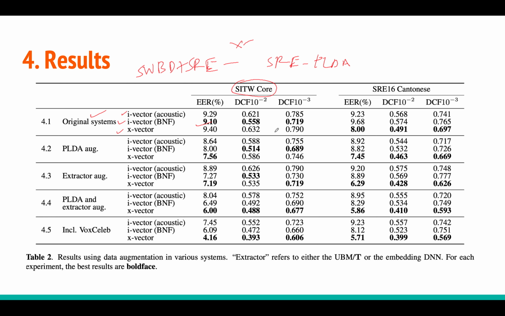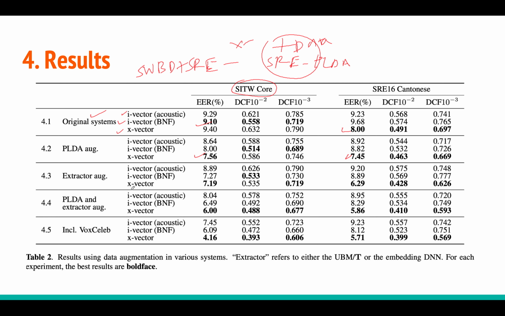For SRE, the x-vector is the best, as you can see here. The PLDA augmentation is basically where they do data augmentation only for the SRE data. As you can see, the system performance improves. The x-vector becomes the best for this data, while for EER and DCF score on the other set it is still the i-vector bottleneck, and here it's consistent, better for both.